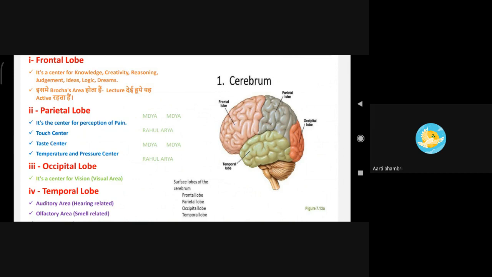Pain perception is done by the parietal lobe, and it is the touch center, taste center, and temperature and pressure center. So with your common sense and logic, tell me which part of the body will be much more connected to this parietal lobe.